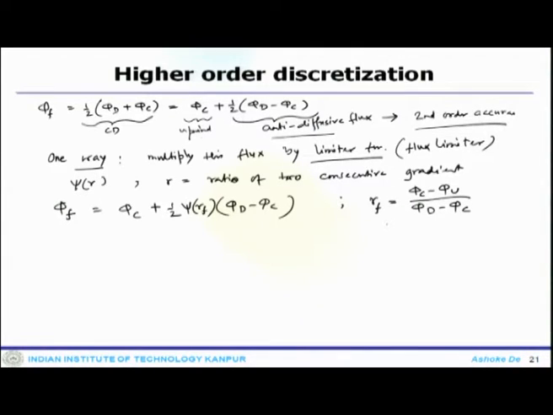Now, in order to preserve the sign of the anti-diffusive flux, this psi(r f) is always greater than 0.